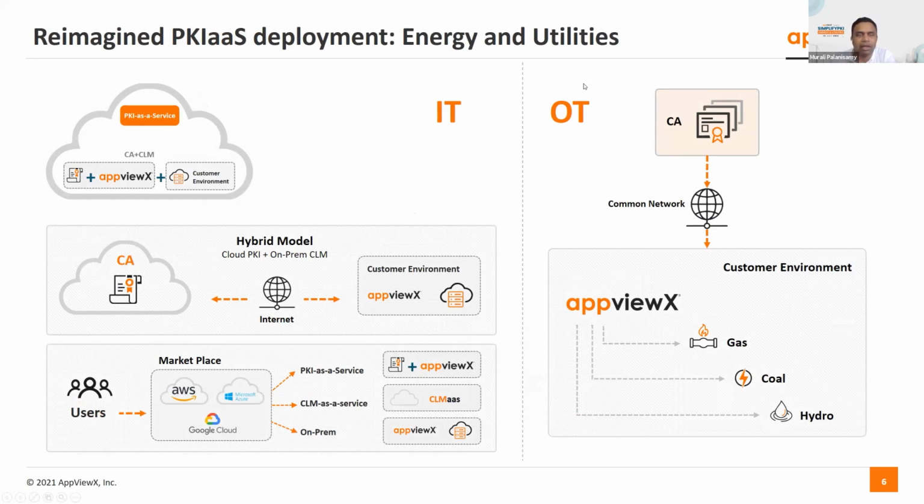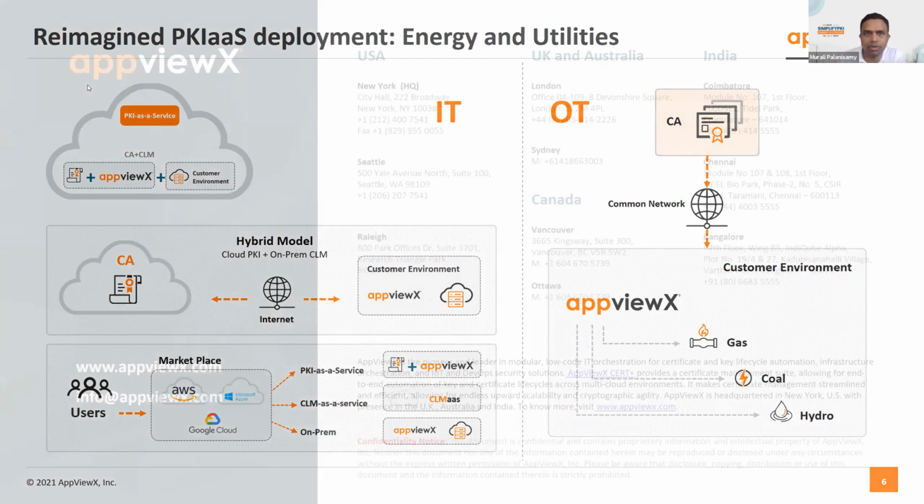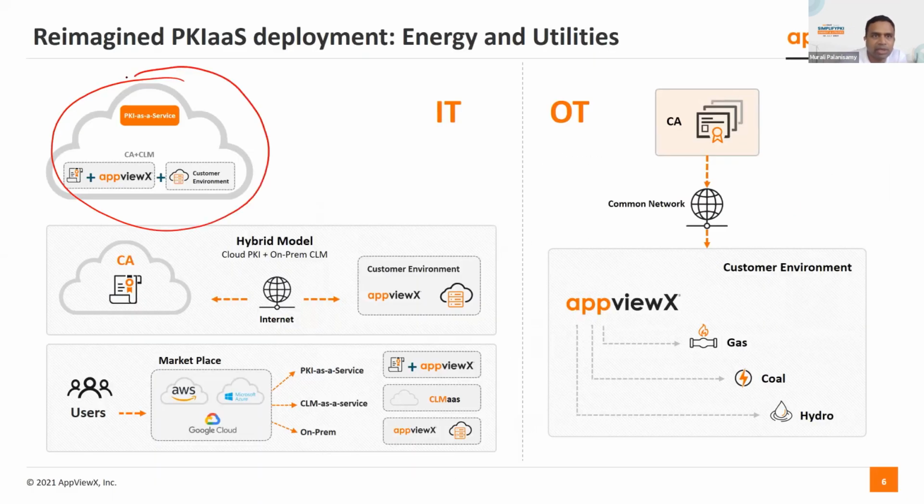Now, when we look at the IT side of things, right? It could be leveraging the cloud environment where you might be running PKI in AppViewX's cloud as PKI as a service. AppViewX in the cloud, where you're running AppViewX as a service or consuming it as a service, you could leverage AppViewX's CA behind the scenes, right?